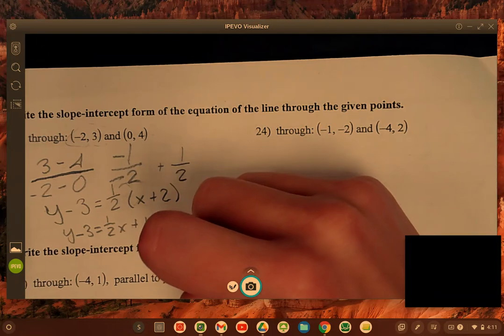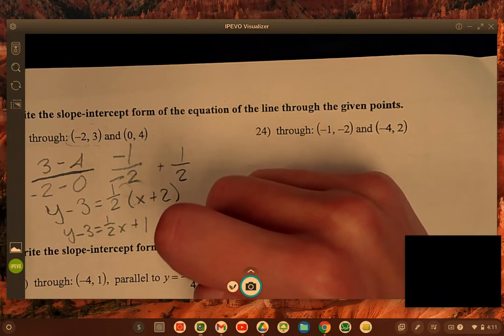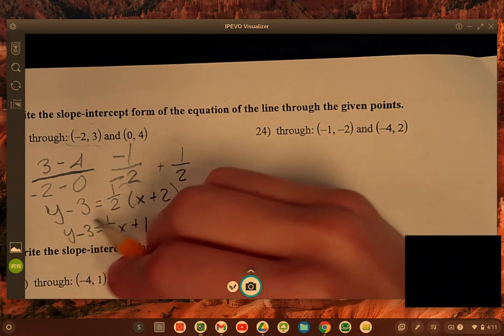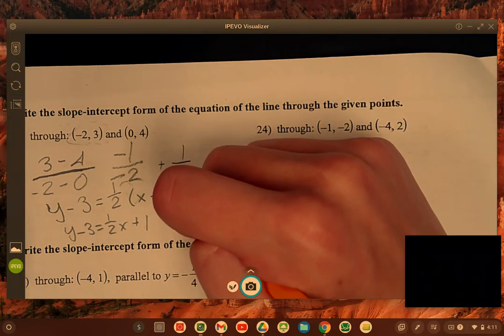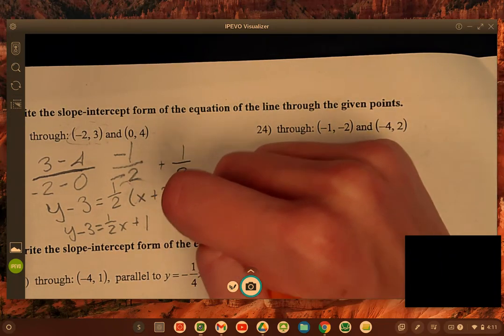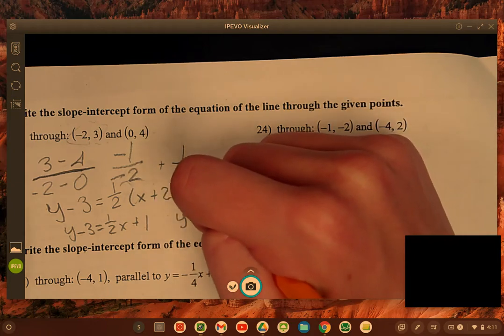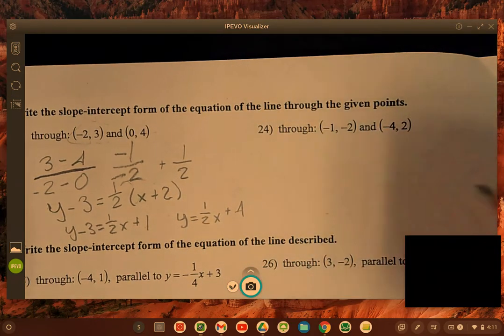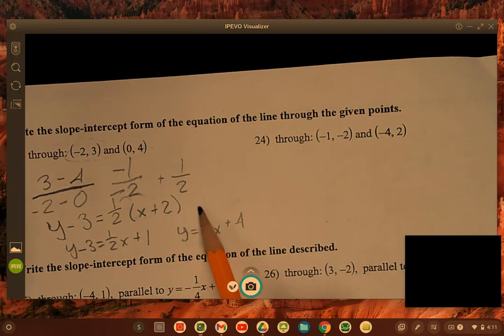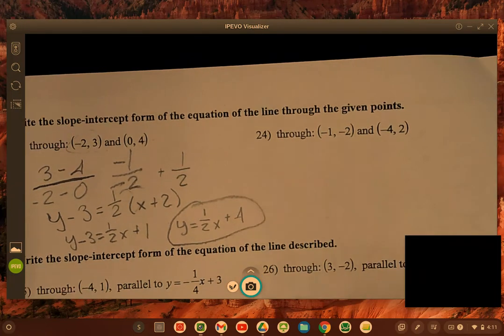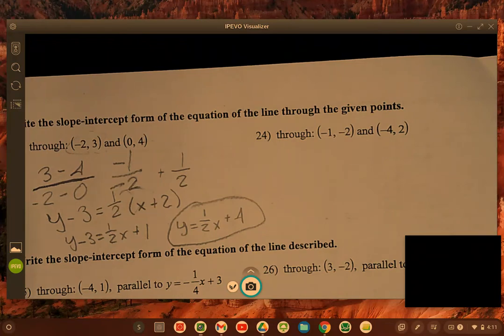And then y equals, and then we're gonna add 3 to this side. So y equals 1 over 2x plus 4. Perfection. So you could have done slope intercept form, plugged in a y and an x, and solved for b. But I really like this. I think it's pretty straightforward.